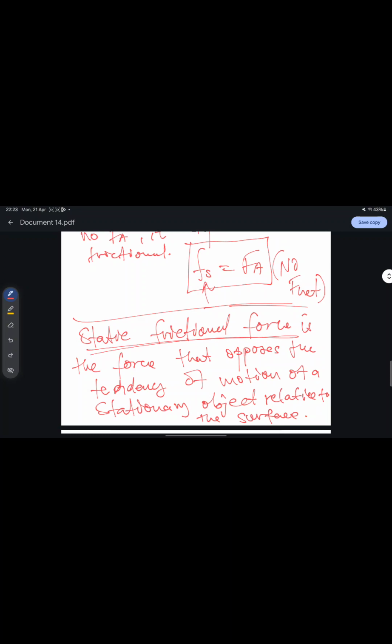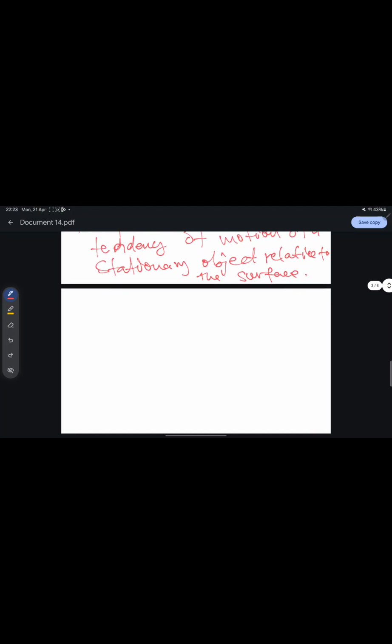So let us calculate it using the formula. How to calculate the static frictional force?